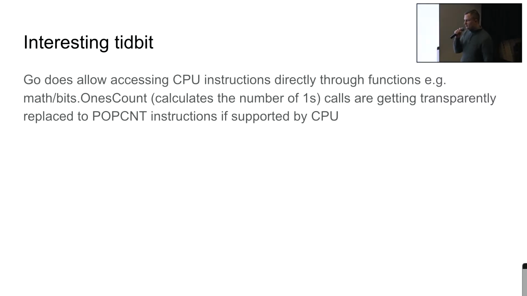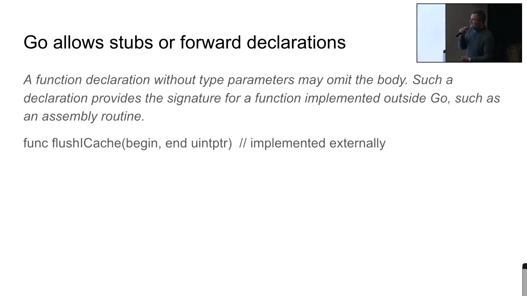So the Go compiler thinks that it's smarter than the programmer and does some things behind the programmer's back. Let's put it that way.